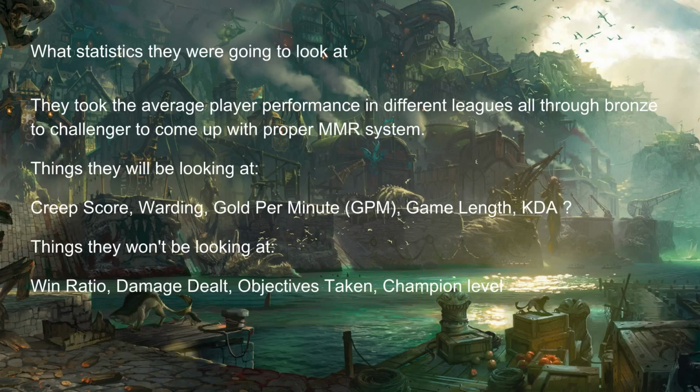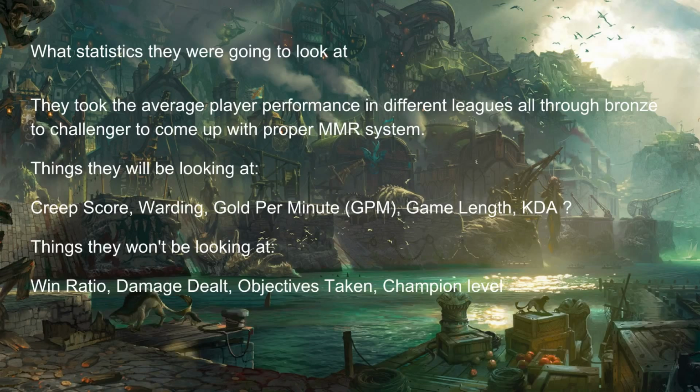So a good KDA means you're a stable player, a consistent player. But at the same time, it could also be that you're just a KDA player, right? So you're not concerned about if you're winning or losing, you just want to have good statistics. So that's one of the reasons why it may not actually be considered. That's why I have a question mark next to that statistic.